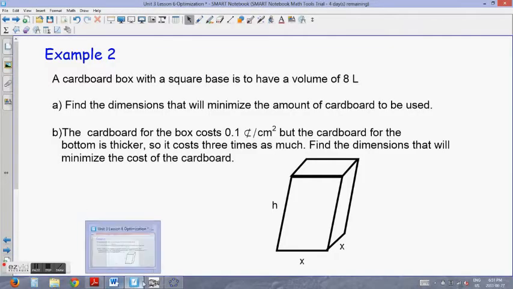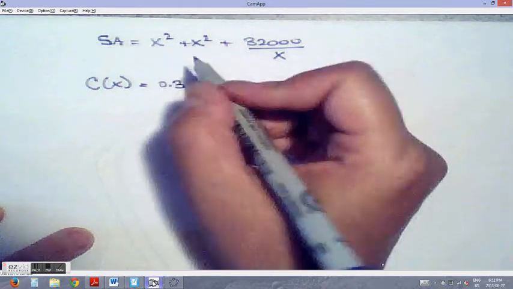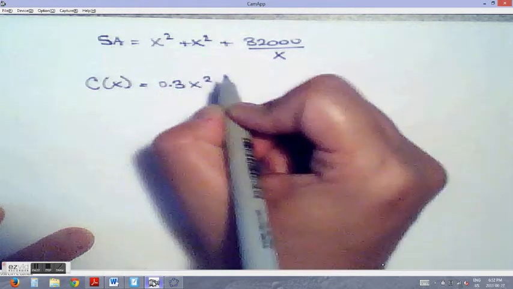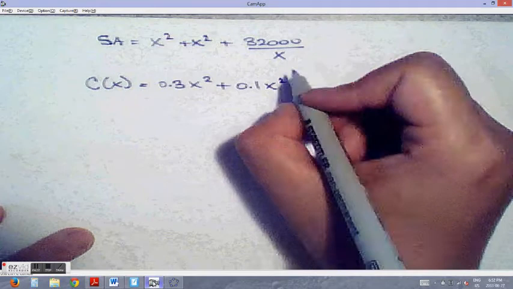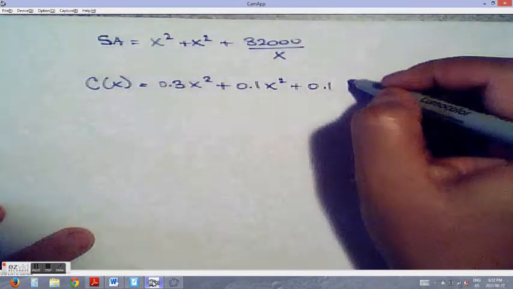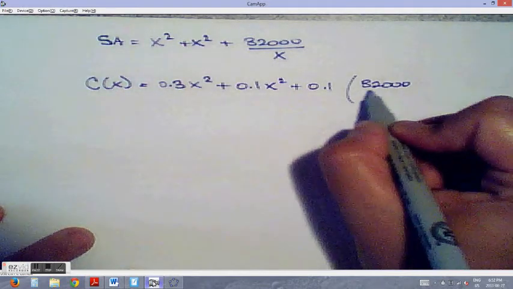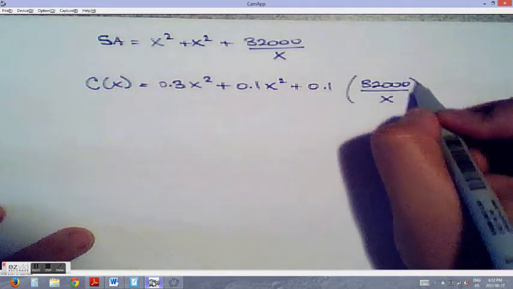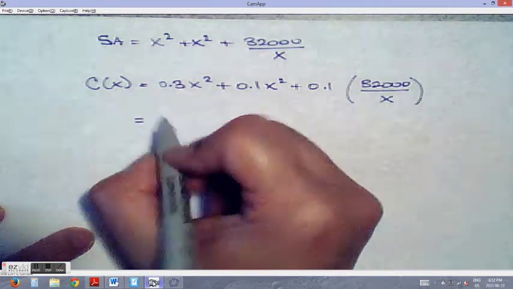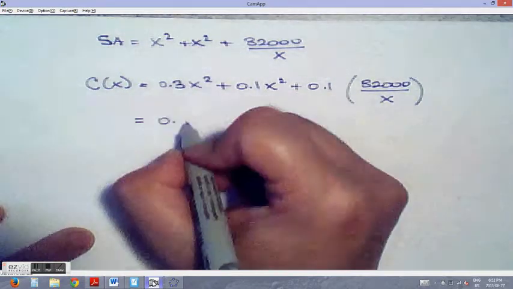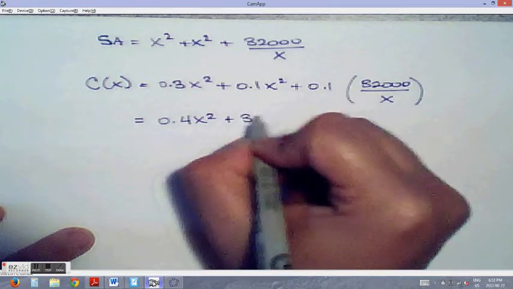So if the bottom was thicker, we'll say that that's 0.3 x squared, and everything else will be 0.1 weighting. 32,000 over x. Okay. Now let's simplify that a little bit. 0.4 x squared plus 3,200 over x.